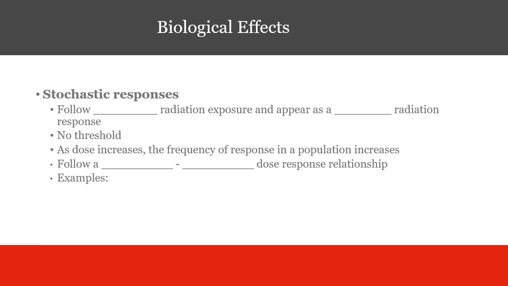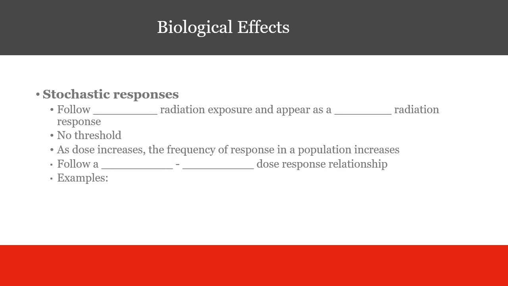In terms of biological effects and how they relate to the dose-response relationships, we're going to be taking a look at stochastic and deterministic effects. The first type is stochastic. Stochastic effects follow a low radiation exposure and appear as a late radiation response. There is no threshold with stochastic effects.